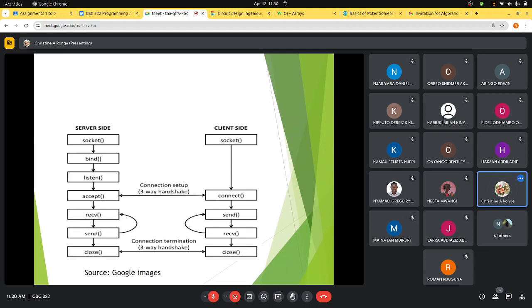One side needs to initiate the termination. But once the termination is initiated by one side, which is usually the client if it's a client-server program, it will be terminated by the client, because remember, it's the client that approached the server and said, look, I want to communicate with you. So if it is finished communicating, it should ideally close and terminate that connection.